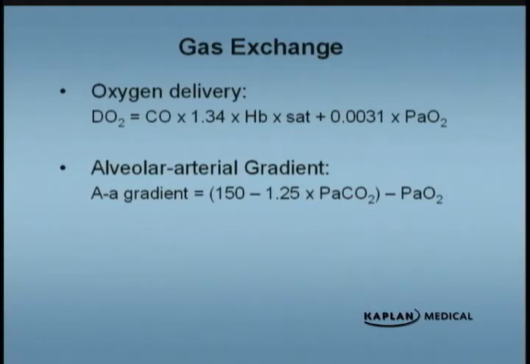What this gradient really means is that there is a difference between the partial pressure of oxygen that we find in the blood versus the partial pressure of oxygen that is in the alveoli. That difference is called the alveolar arterial gradient.